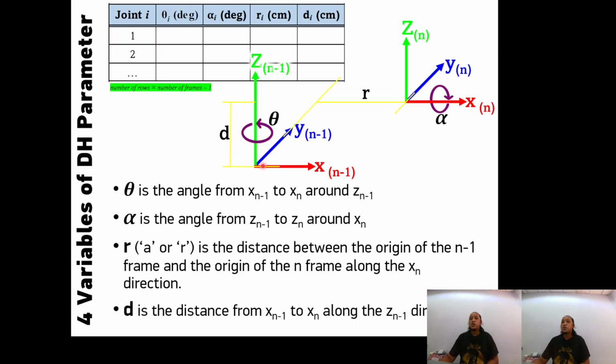This is x n minus 1, this is x n, and the distance between them is d. That's how we define theta, alpha, r, and d.